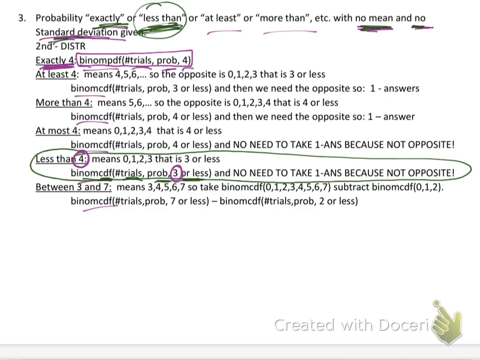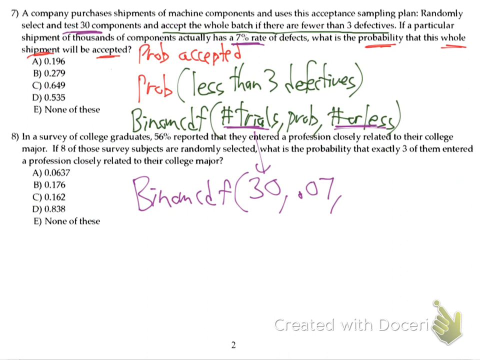Because less than 4 means 3 or less, doesn't it? And so likewise, less than 3 means what? 2 or less, doesn't it? You have to lower that by 1 because that's what it really means. See the pattern there? So that's what you put into your calculator. Let's do that. It's binom CDF, not PDF, right? We only do the PDF for the exactly, huh?